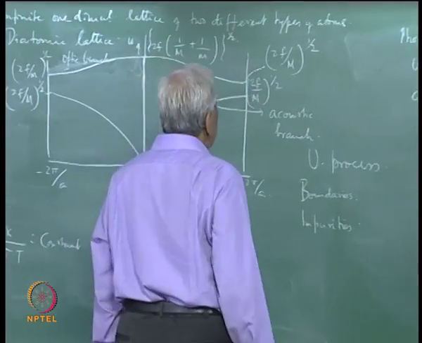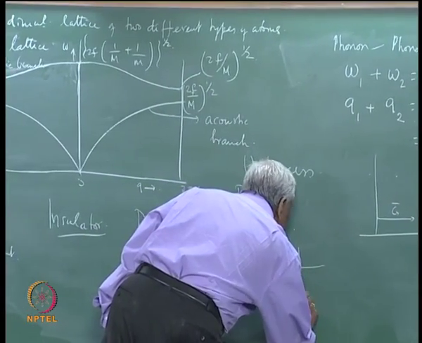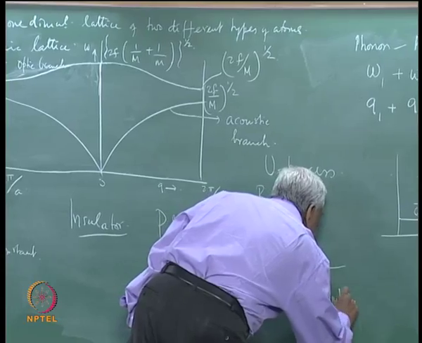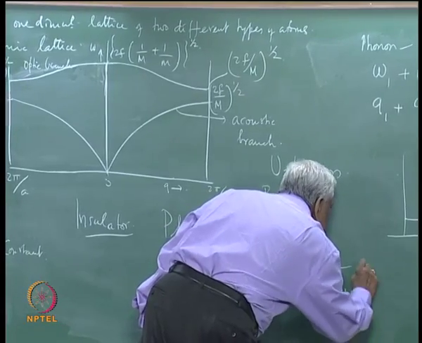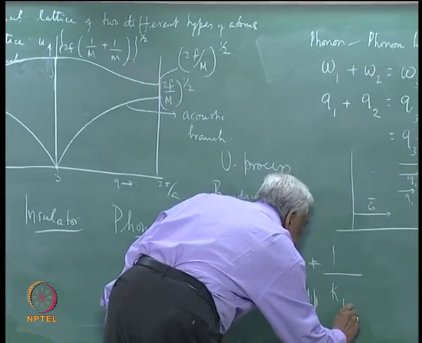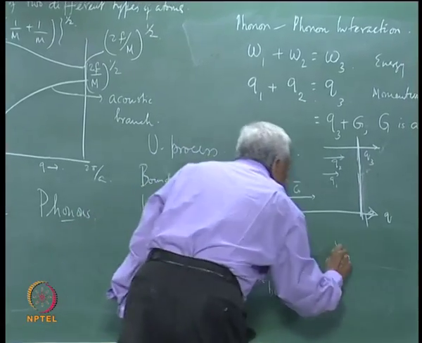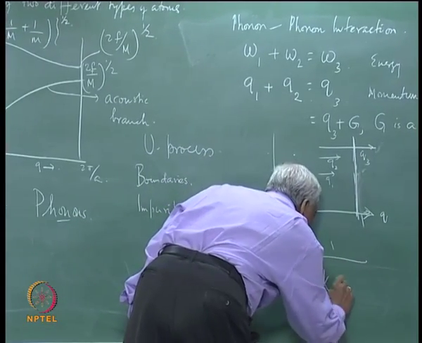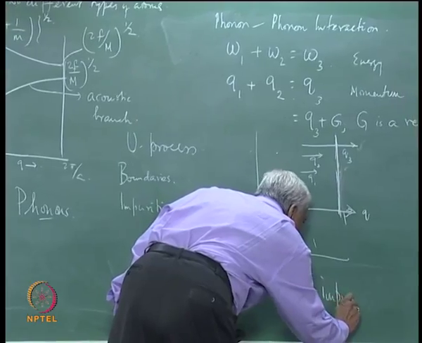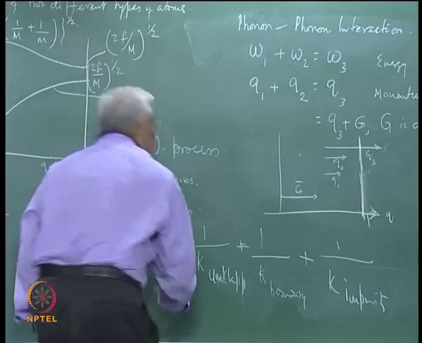So, each one gives a contribution, and the net conductivity is 1 by k Umklapp plus 1 by k boundary plus 1 by k impurity. Each one contributes, so that gives you the net k.